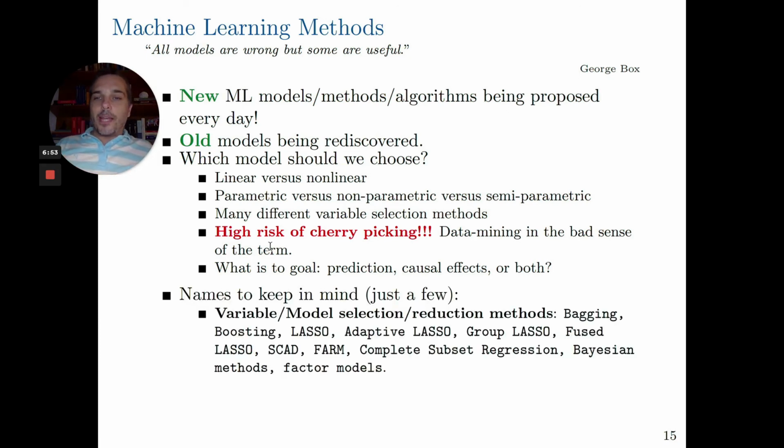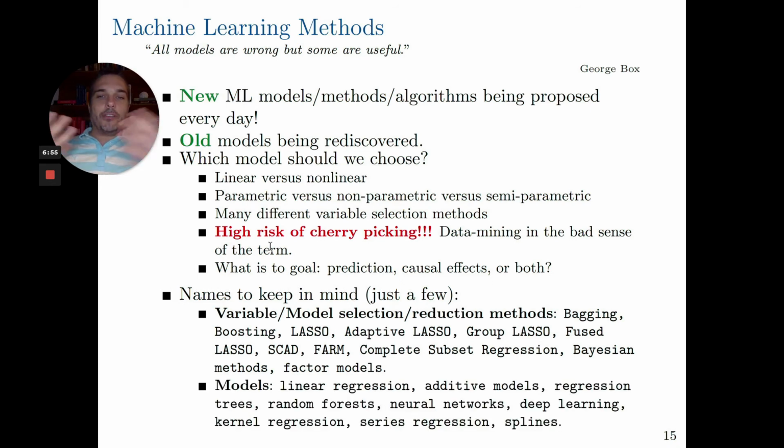So just to have names to keep in mind, these are names of methods that you're going to learn during this course: Lasso, complete subset regression, factor models. Okay? So it's a vast number of models. We are kind of lost in the middle of a zoo of models, and we have to figure out which model to use.